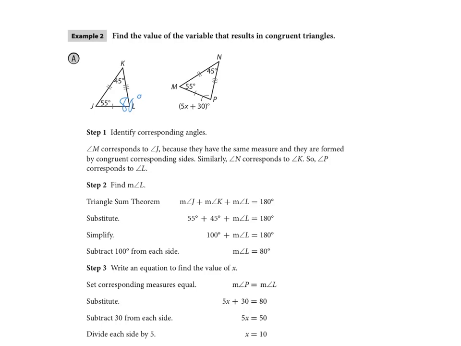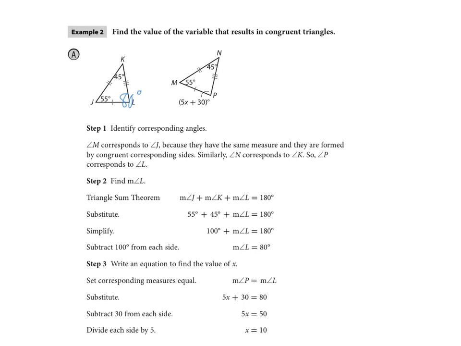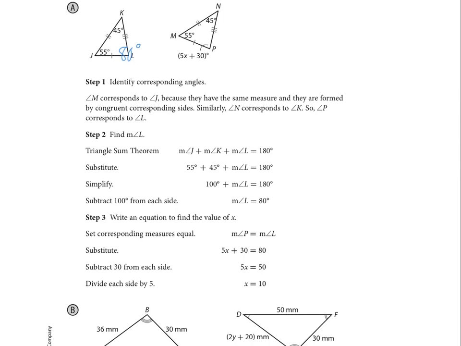Now that we have the measure of the missing angle L and we know that L and P correspond, I'm going to set up a new equation to find the value of x. In step 3, the measure of P equals the measure of L, so 5x plus 30, which is the algebraic expression for the measure of P, is equal to 80. Subtract your 30, then divide each side by 5.